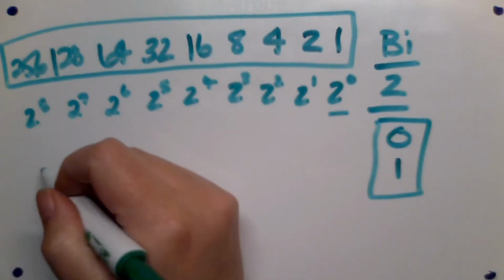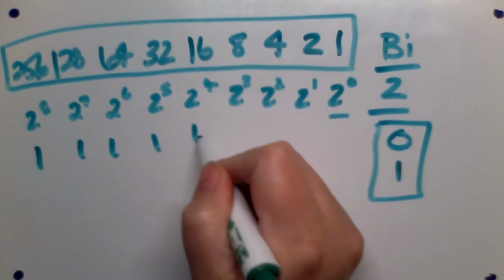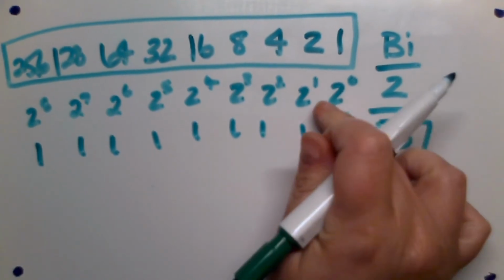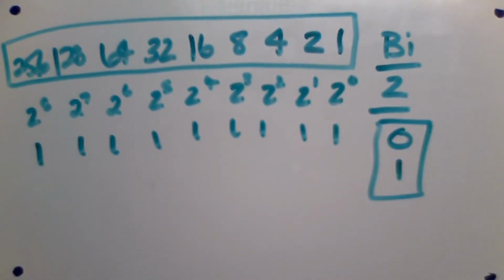And so if we put a 1 in every single column, we are then saying that there's 1 256, 1 128, 1 64, 1 32, 1 16, 1 8, 1 4, 1 2, 1 1, all the way down. We are saying that all of these columns are active and that number is being represented. We could then translate that into the decimal number by adding all of these together.